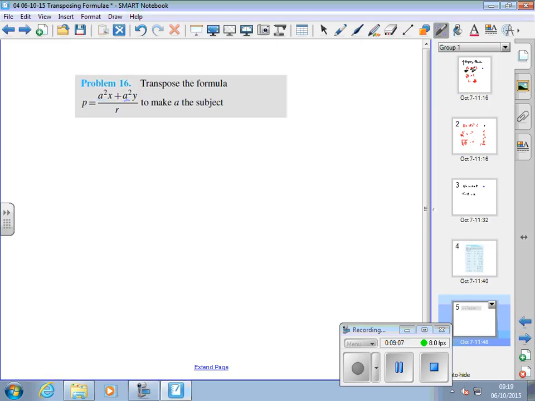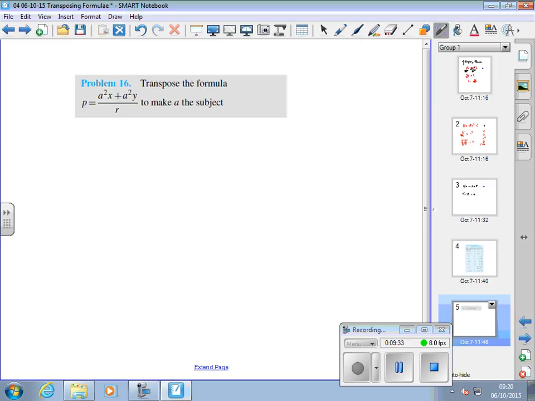Also what's in my mind is I don't like that r underneath. If you look at the right hand side, this whole term at the top, a squared x plus a squared y, has finally been divided by r. The last thing was that all that term on top was divided by r. So the first thing I'm going to do is get rid of that r by multiplying by r.